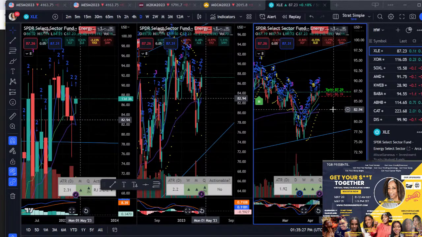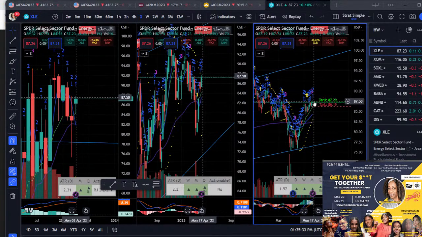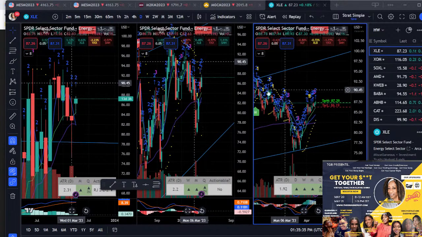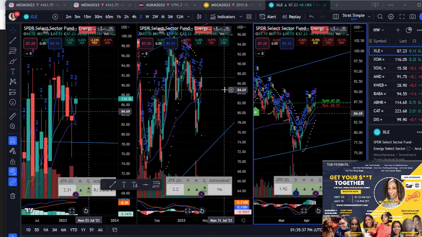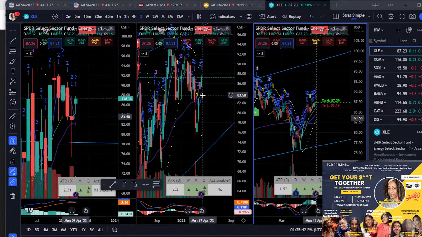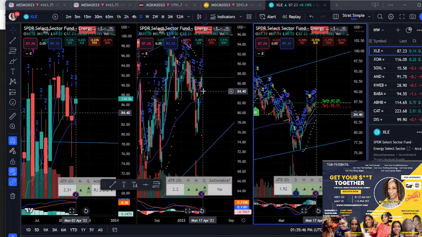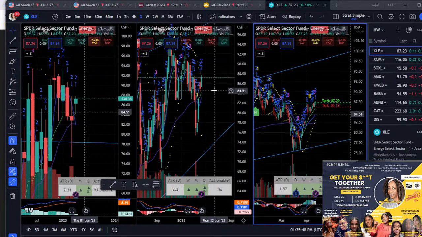That shoulder support is right around that gap, that 83. So as long as it holds above that, I would think this is going to continue to move to the upside. And with that fresh TTO, also with that gap, I was watching it the last couple of weeks to see if it would fill it, and it didn't. It tried a little bit, but then they brought it right back up.